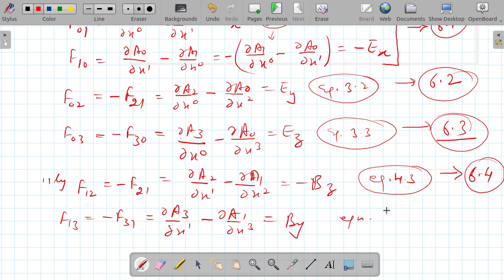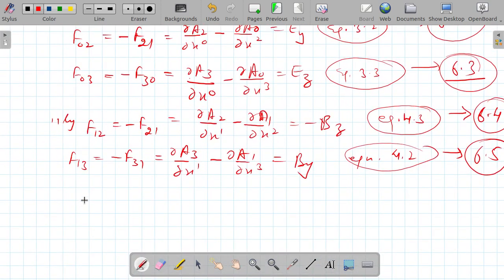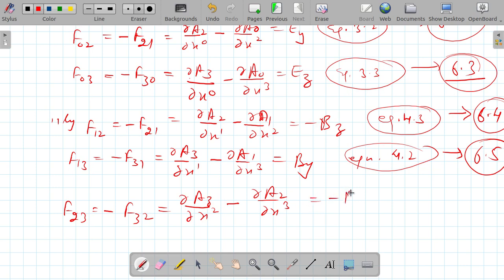Here I have used equation 4.2, and let me call this equation 6.5. And F23 is equal to minus F32. It is equal to curly A3 over curly x2 minus curly A2 over curly x3. It is minus Bx, and it is equation 4.1, and let me call it equation 6.6.